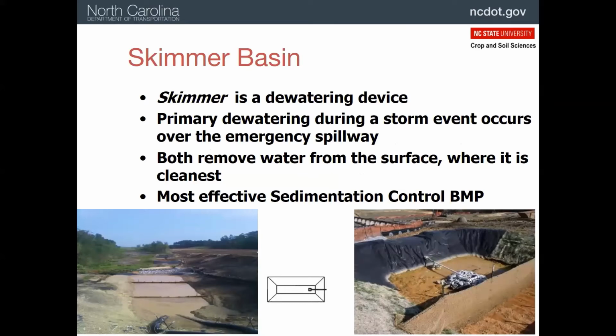As the basin fills up, the skimmer floats up and gets water going through this pipe and out through the dam. So it has to be floating above the level of this pipe in order to actually have water leaving it. There are a lot of different concepts behind a skimmer basin, and we'll talk about these baffles as well when we get to some of those other fine features of these basins.